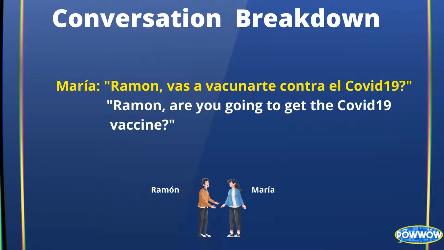So in this case, vacunarte contra el COVID-19. Now, the contra means against. So literally, it's the vaccines against COVID-19. If you want to translate it literally, it would be, Ramon, are you going to get yourself vaccinated against the COVID-19?